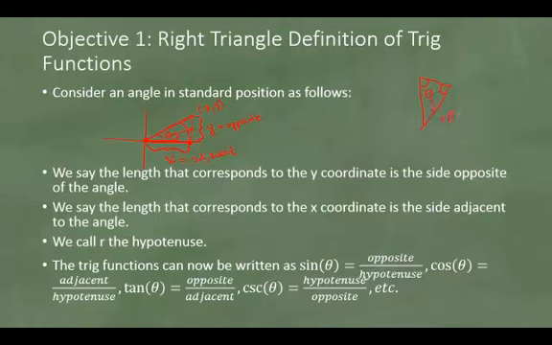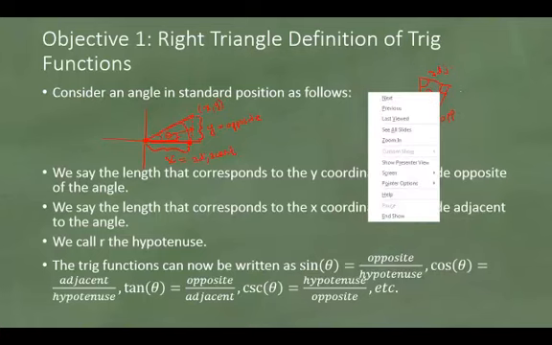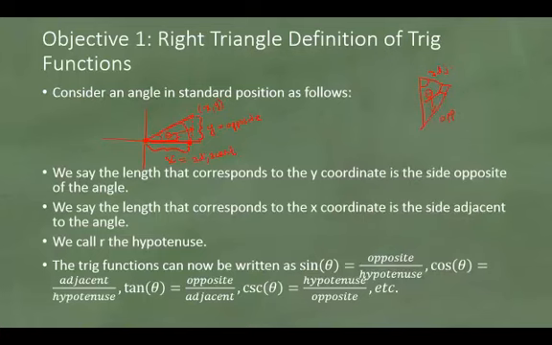The side adjacent to that theta would be this side adjacent. And the side opposite of the right angle, that's usually called the hypotenuse. This is what we were calling R before.